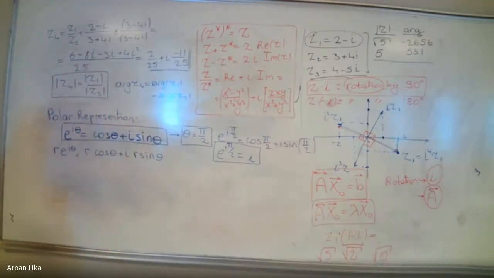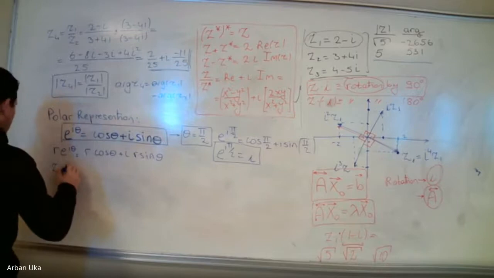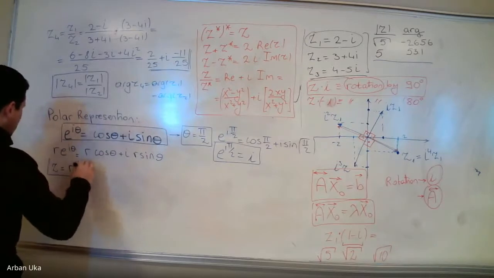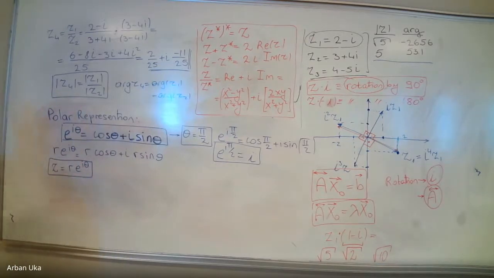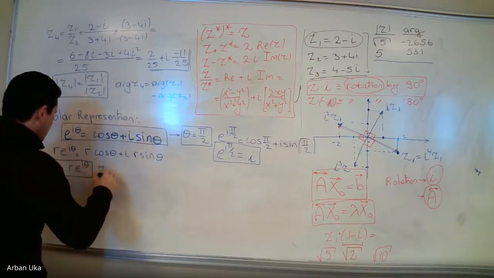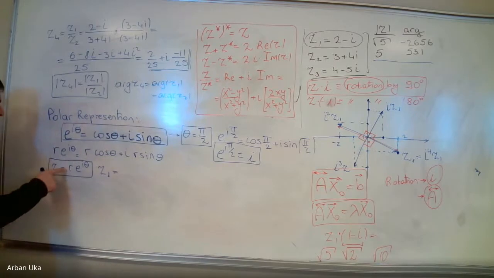And now, this is the beautiful part: any complex number z can be written as r times e to the power i theta, where r is the magnitude, the modulus. Let's try to write z1 using this notation.